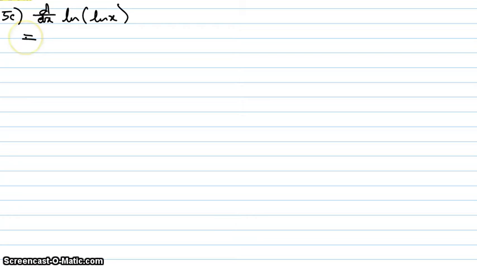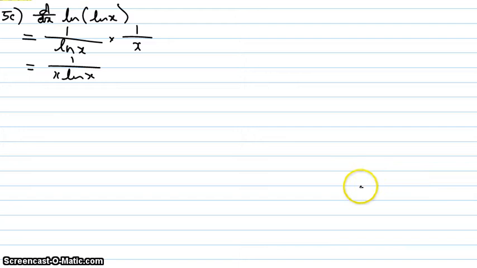So we differentiate the outside. The first one we're going to differentiate is this ln. So we're going to get 1 over, hold the inside constant, ln x, times, now we differentiate the inside, we get 1 over x. So our answer is actually just 1 over (x ln x). So not a lot to do there.